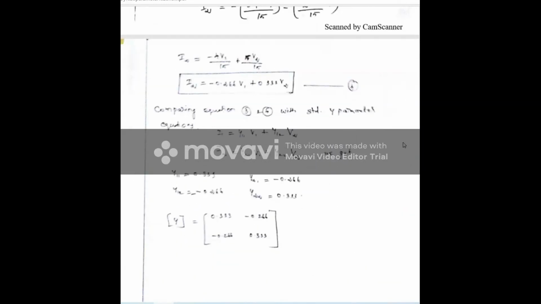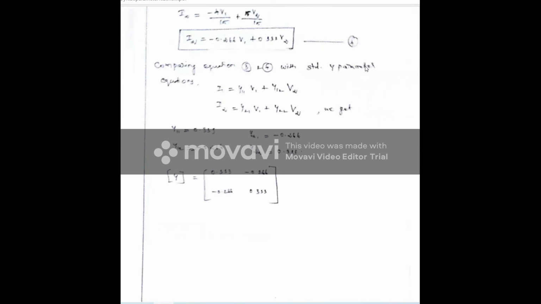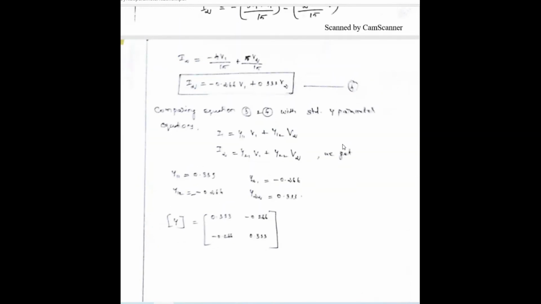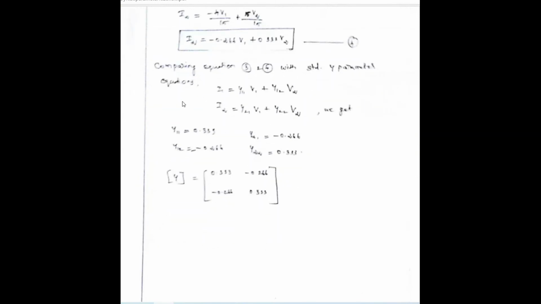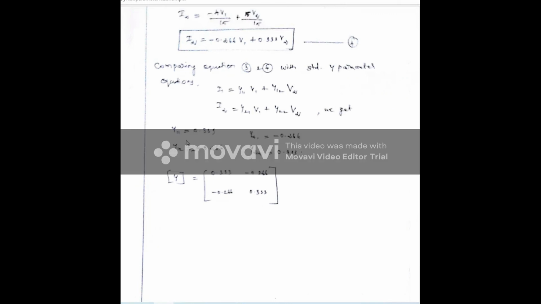So equation number 3 and equation number 4 are the Y parameter equations. Compare these two Y parameter equations with the standard Y parameter equation. If we compare these two, we get Y11. What is Y11?